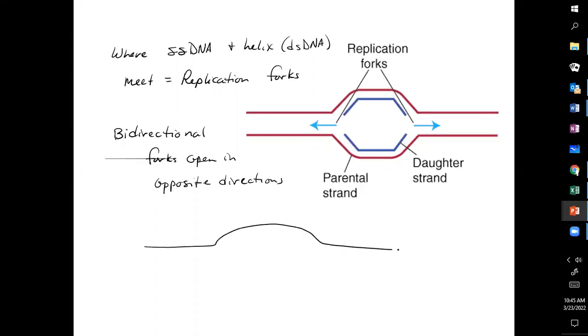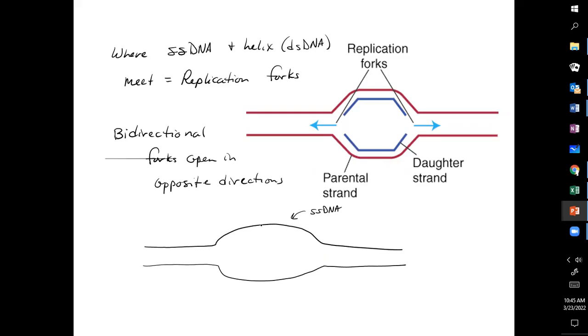Now, single-stranded DNA. Before the new strands are synthesized, here's our replication bubble. This is single-stranded DNA before the synthesis occurs. Now, single-stranded DNA is vulnerable to degradation by DNA digesting enzymes, DNases, nucleases.